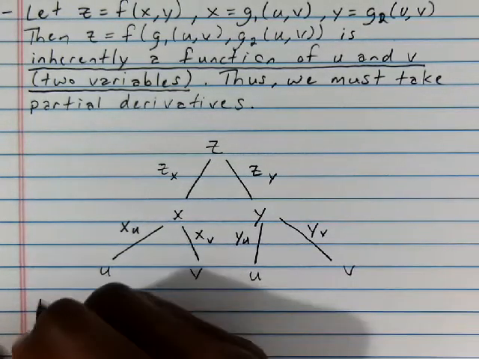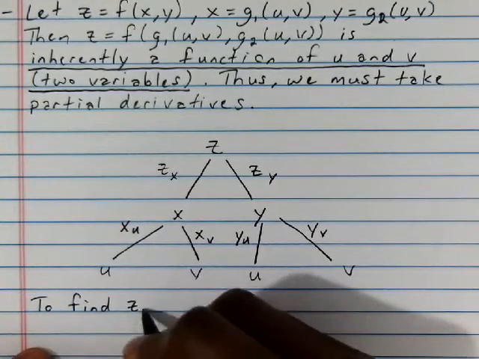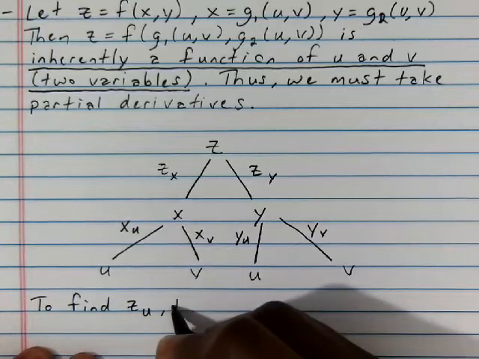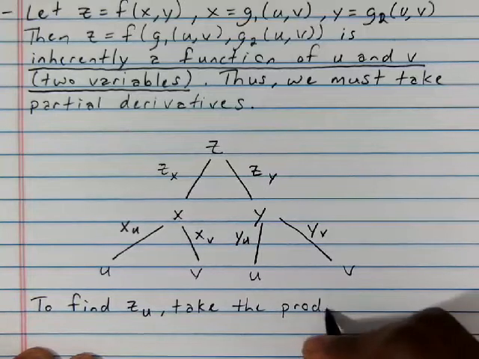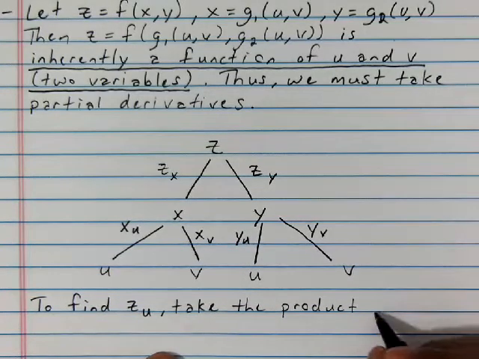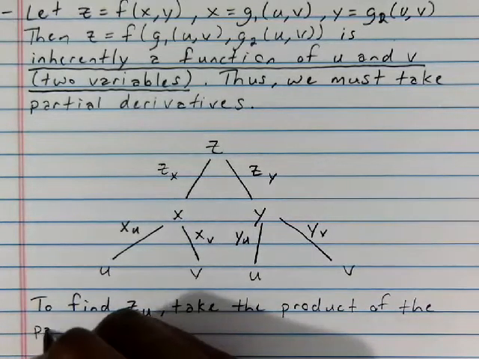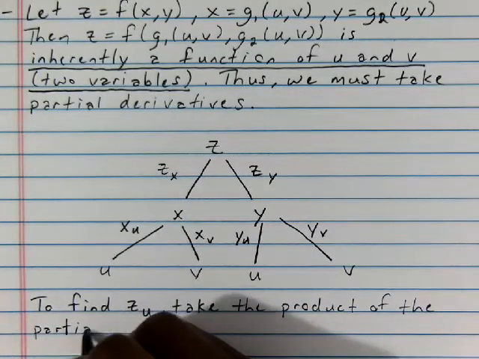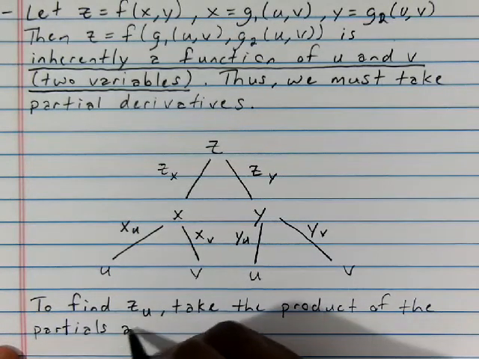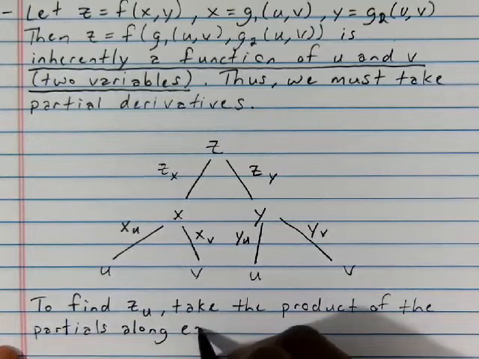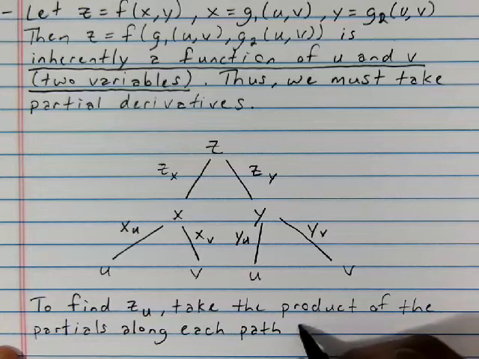So to find z sub u, take the product of the partials along each path from z to u.